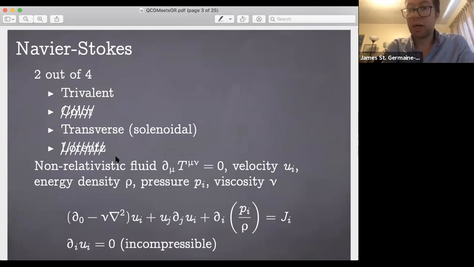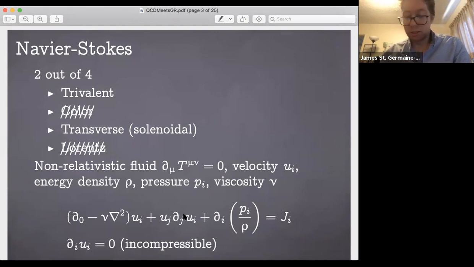Just as a reminder, the Navier-Stokes equations, you can get them from the conservation of energy momentum for a perfect fluid in a non-relativistic limit, where the fluid has some velocity field u and some energy density rho and a pressure p, and there's some friction associated with the fluid, so there's some viscosity nu.